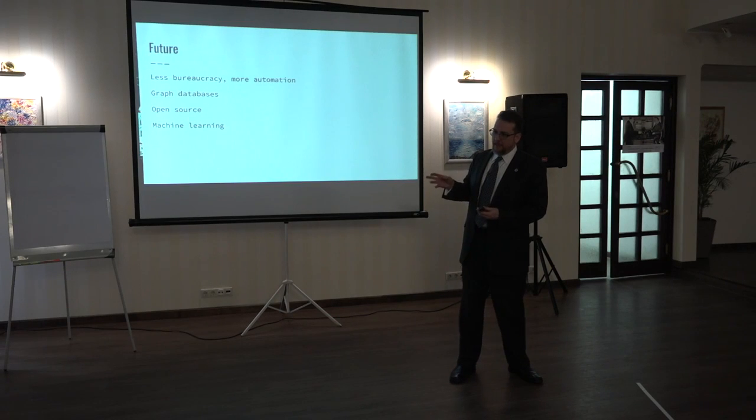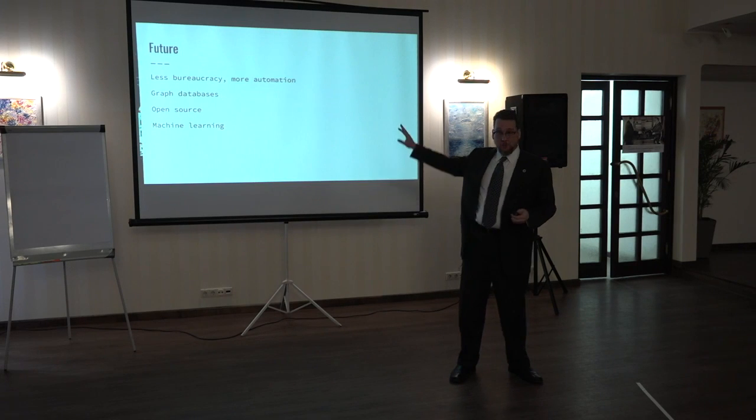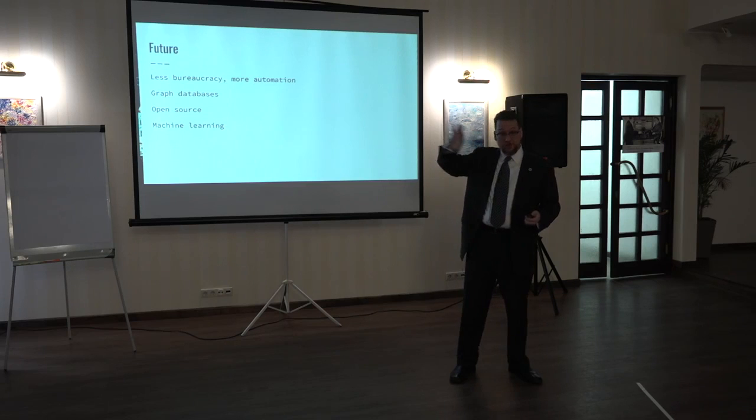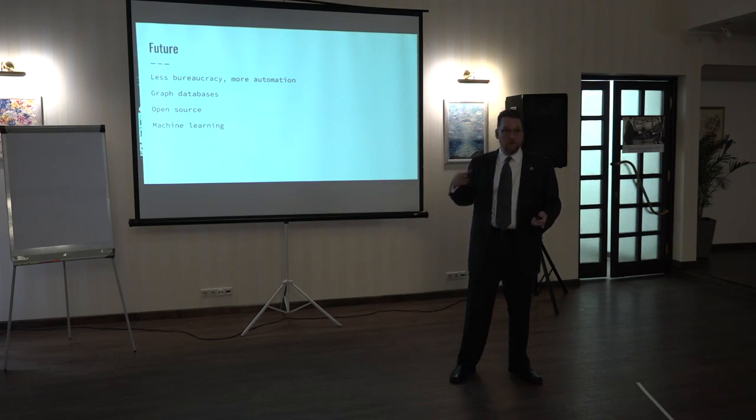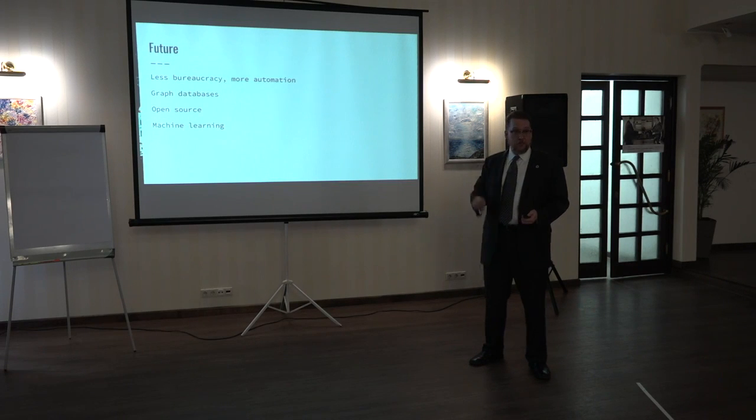But metadata is very graph-oriented. No matter how tabular the source of the data is, the metadata is itself graph. As you saw, the visualization of lineage, et cetera, was all graphs. So we need to treat metadata by its nature, which is graph in nature.